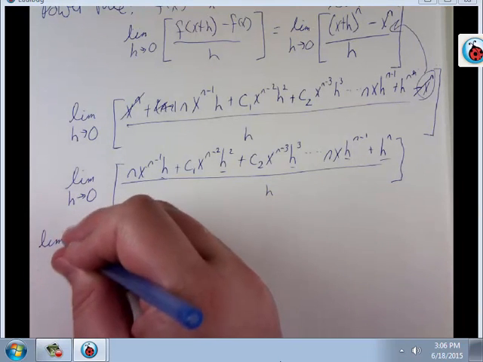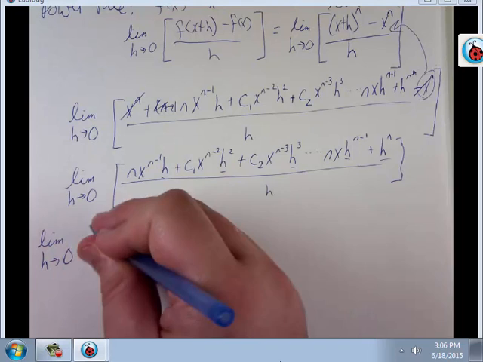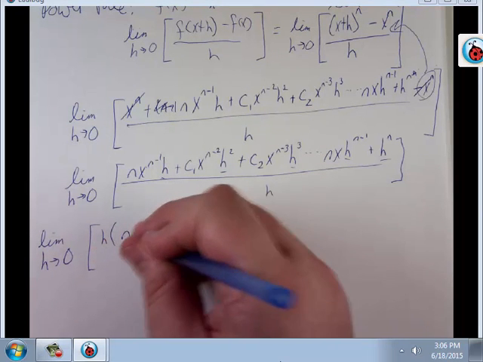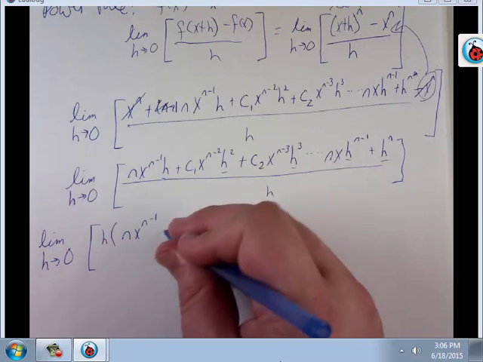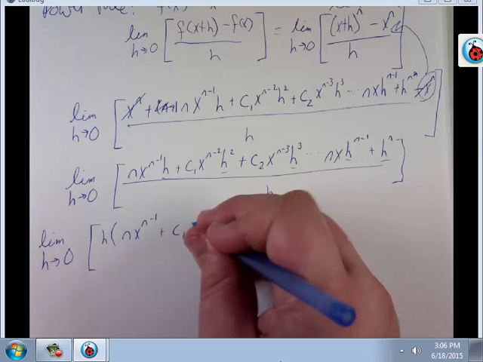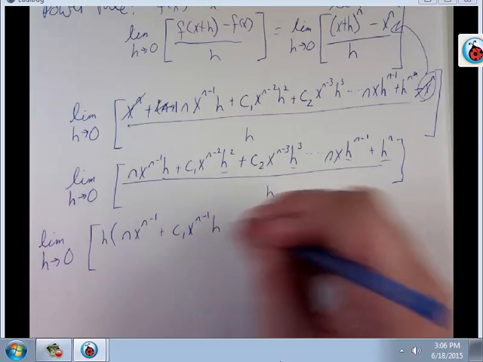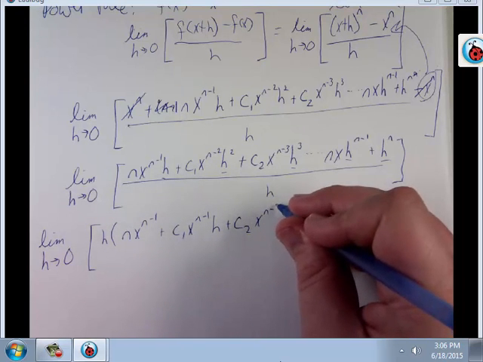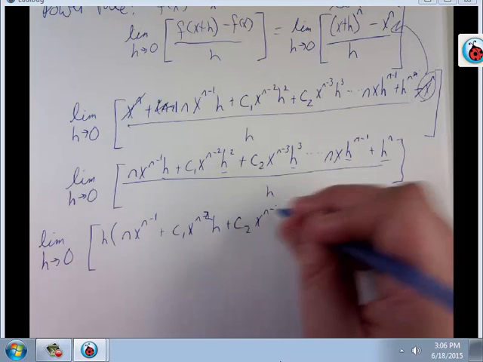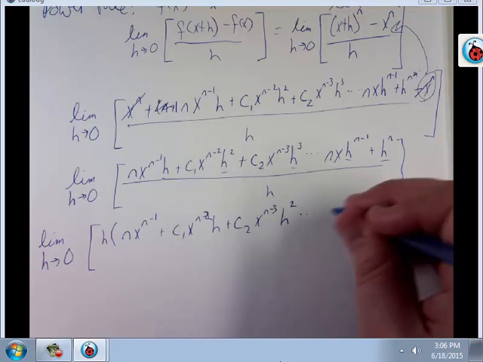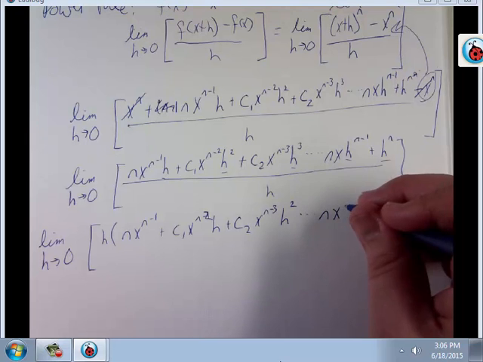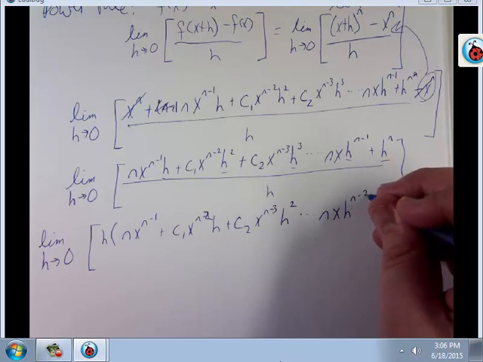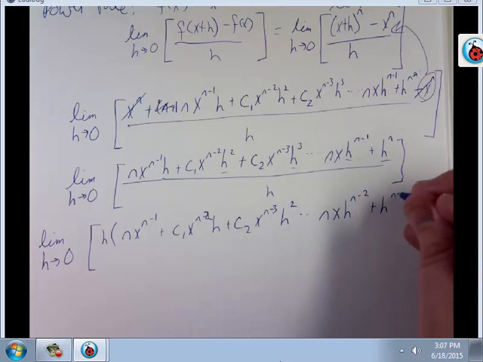So we end up with n times x to the n minus 1, plus constant 1, x to the n minus 2, h, plus constant 2, x to the n minus 3, h to the second, dot dot dot, n x, h to the n minus 2, plus h to the n minus 1.